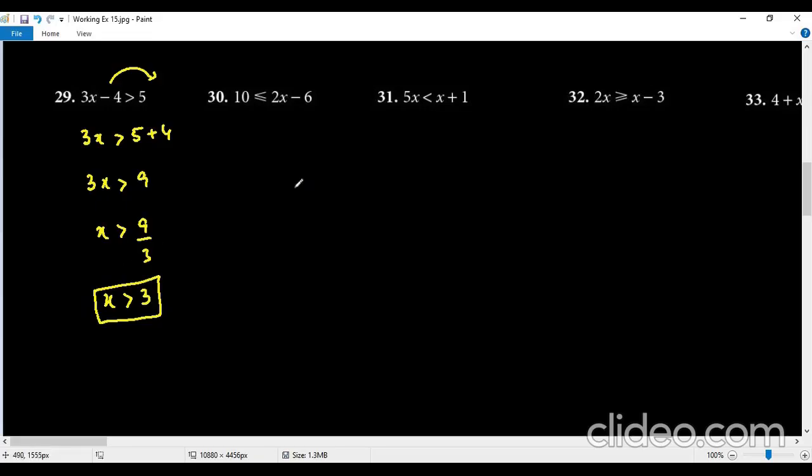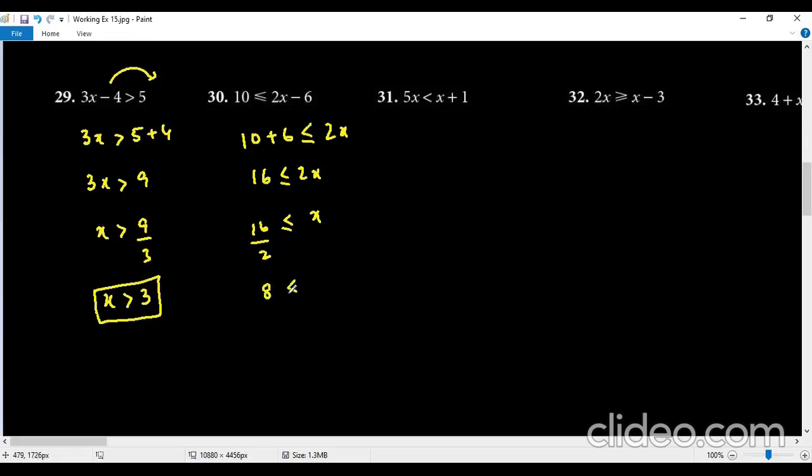When it comes to question number 30, it is going to be 10 plus 6 less than or equal to 2x, or you can say 16 less than or equal to 2x, or you can say x is greater than or equal to 16 over 2, which is 8.